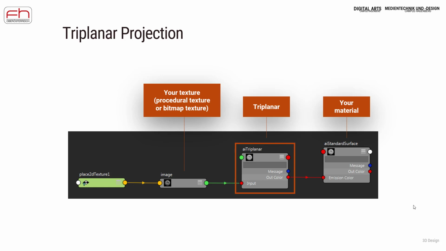So before you connect your texture to your material, you put this triplanar in between and you use the triplanar to project this texture on the surface of your object, almost ignoring the UV mapping that you created on this object.